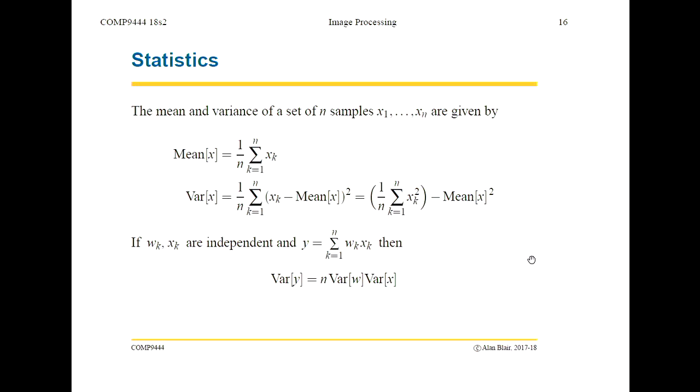Then the way we calculate the activation of that node is we take the sum of the activation xk of the other neuron multiplied by the weight wk, right? Now, if we think of these as random variables, then the variance of that number y is actually n times the variance of w times the variance of x.